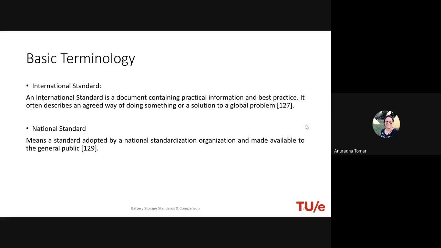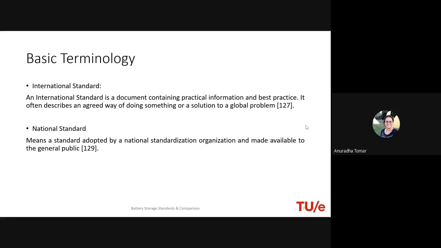They can analyze the suggestion made by the public. If they find the suggestion is good, and it improves the effectiveness of the standard, they can add that. So that's why we say it is an agreed way of doing something or a solution to a global problem.